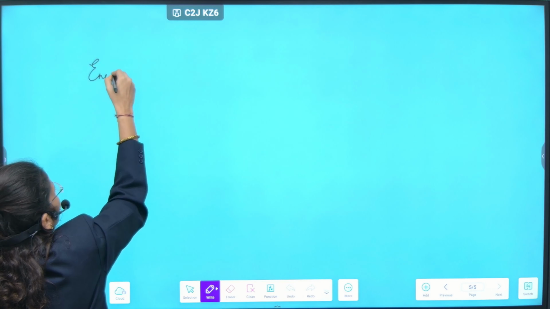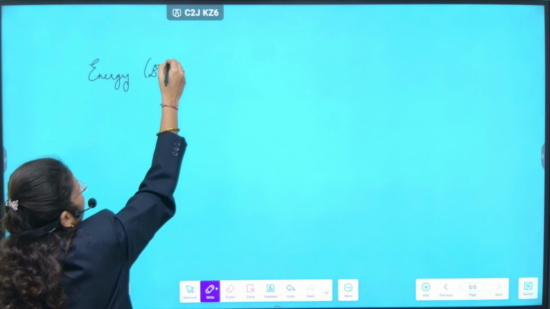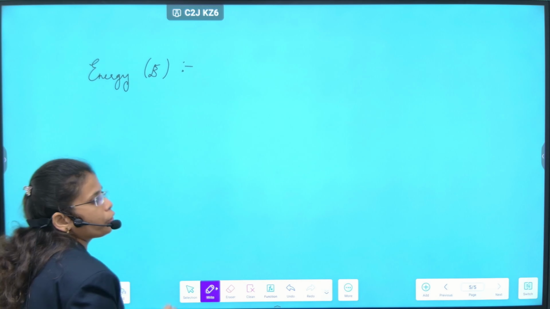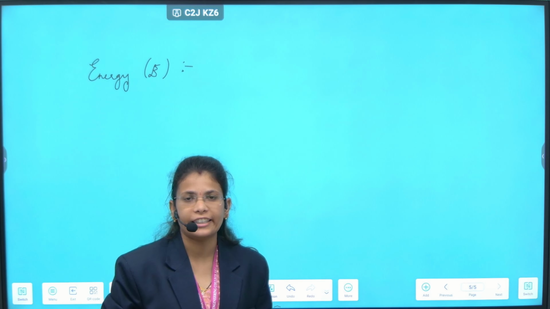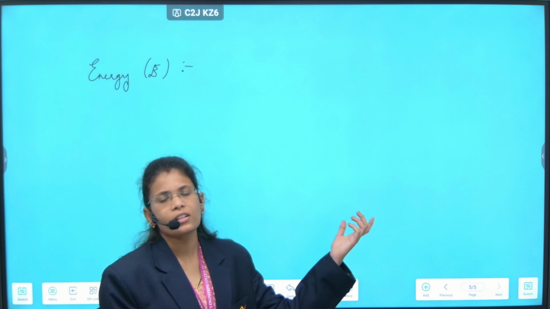Energy is denoted with the letter E. The total amount of work done in the circuit is known as energy.